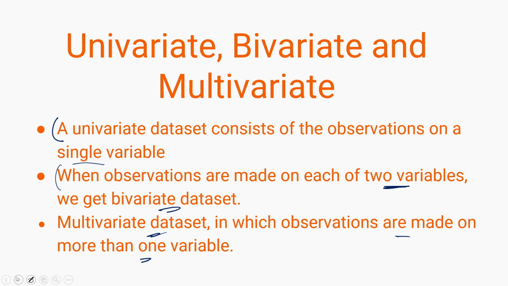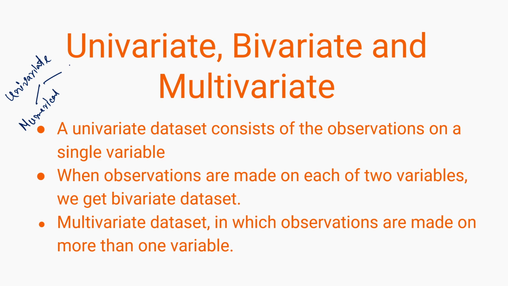Let's take some examples. Let's say in case of a univariate dataset, the data can be of two types. It can be numerical, and it can be categorical. The example is very simple. Let's say we are observing a group of students of a particular university.